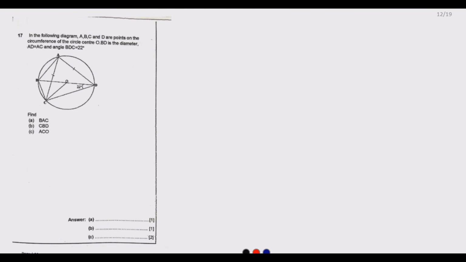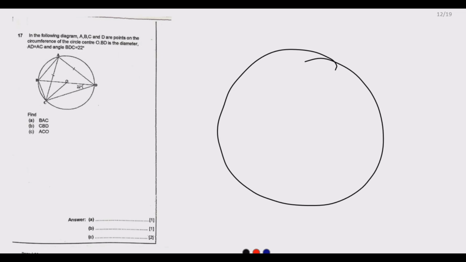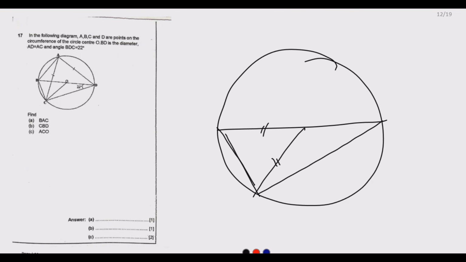Then the question is asking us to find angles BAC, CBD, ACO. For us to quickly answer this question, let me just draw this one bigger. So we have this circle, then we have these two equal, then this is 22 degrees.